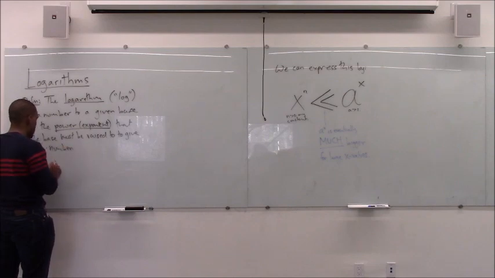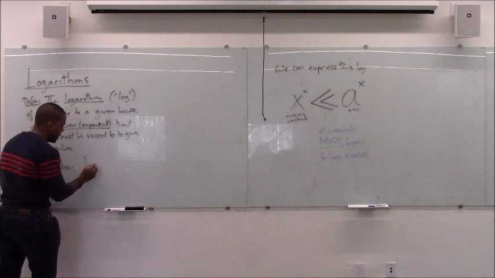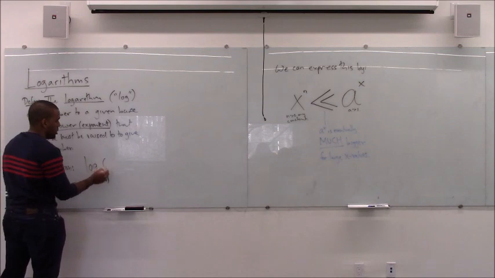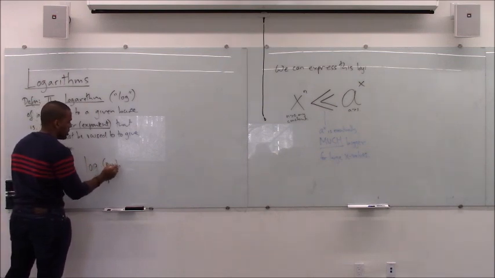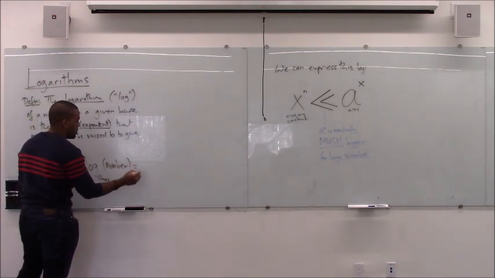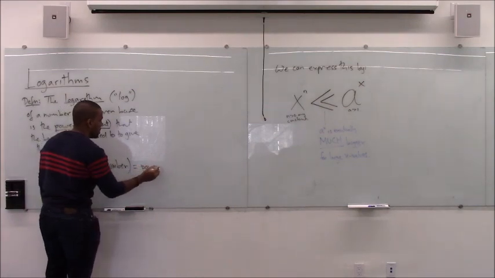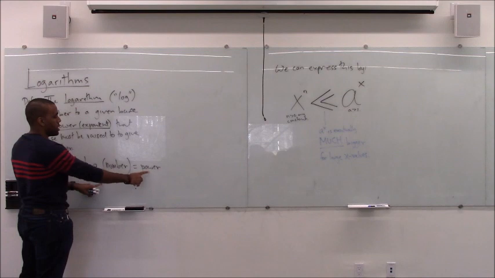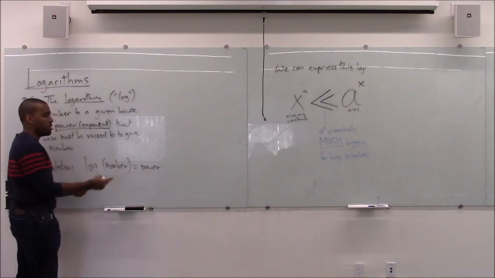So the notation, how we actually write this down, is you write log. The base is a little number that you put down here. You put the number beside the log, and this is the power. Right? So this is the base. You want to know what power do I need to raise this base to in order to get that number.